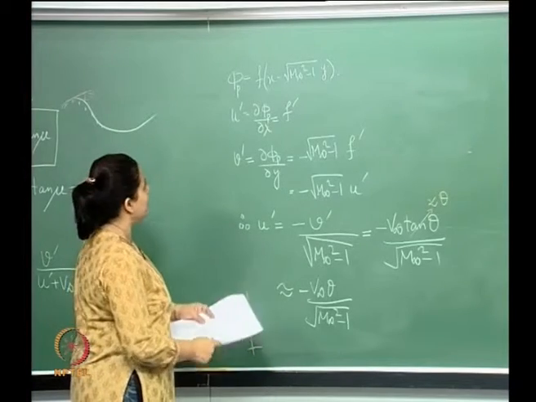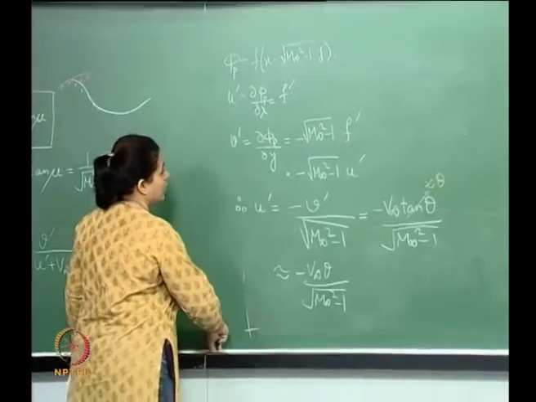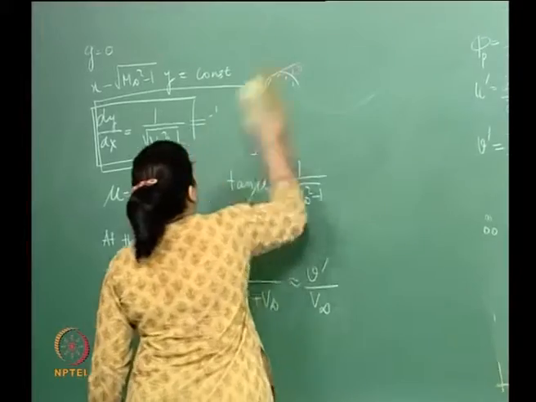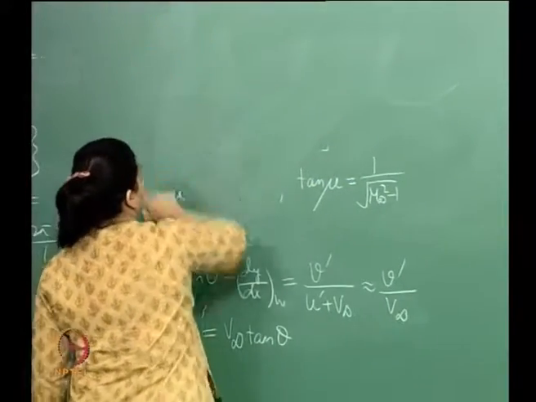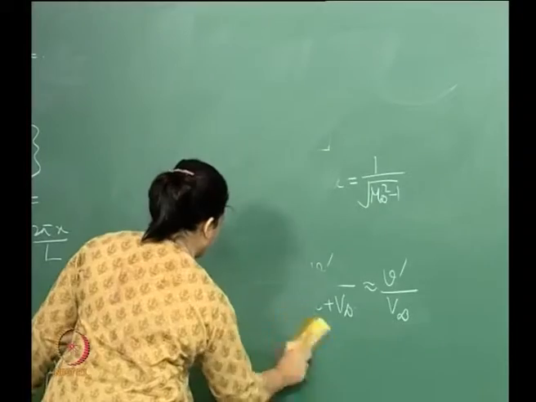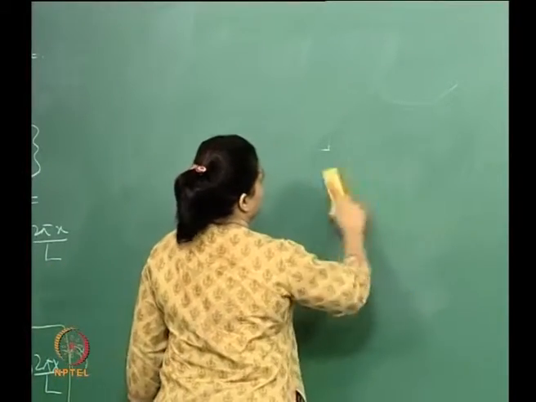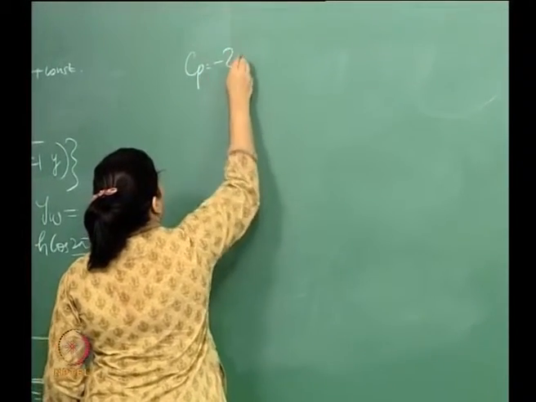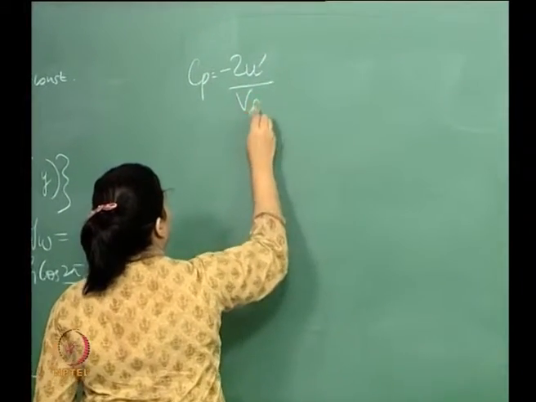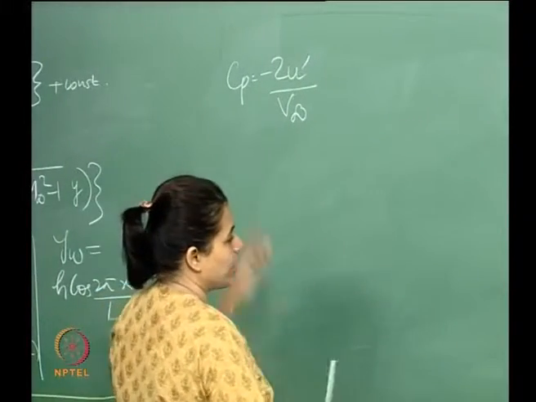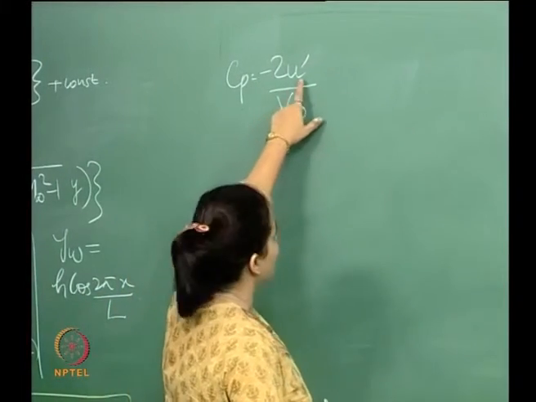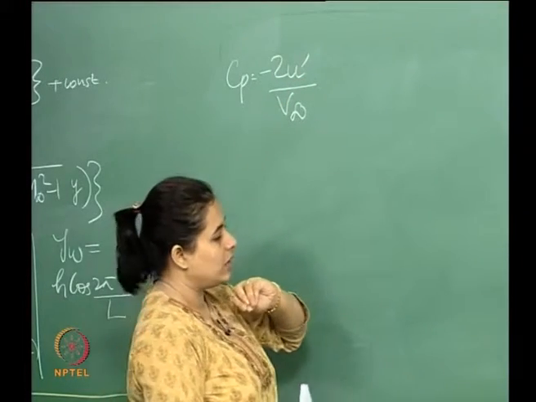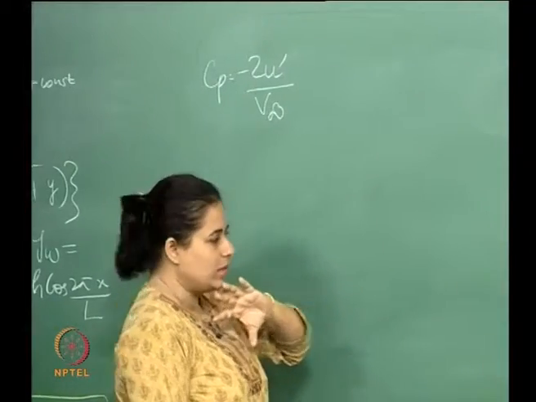If I do that, then what happens to my coefficient of pressure at the wall? Now the coefficient of pressure is this, and I now have an expression for u dash in terms of the physical slope at the wall.